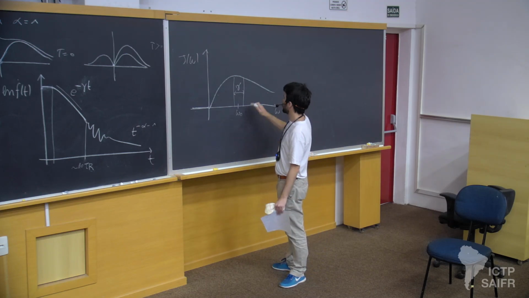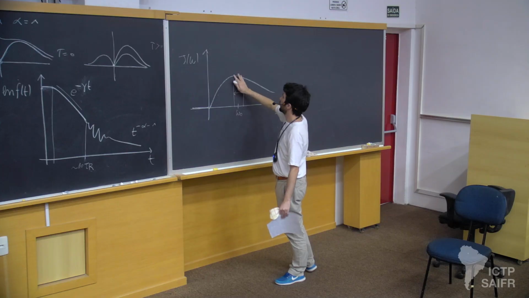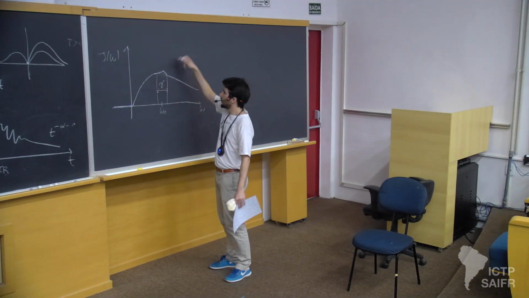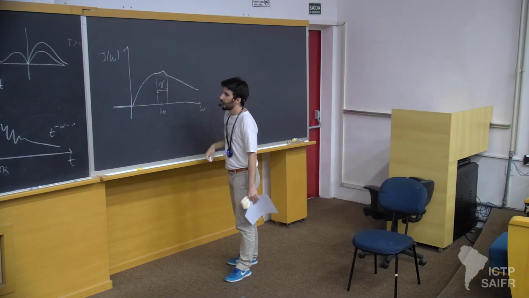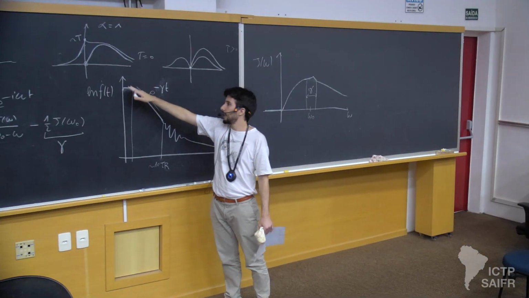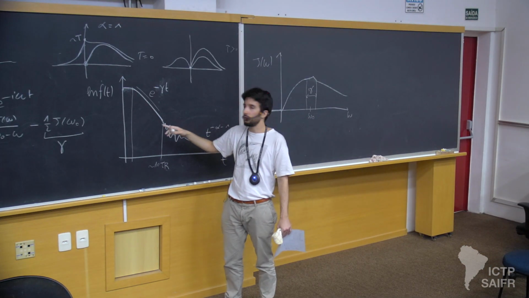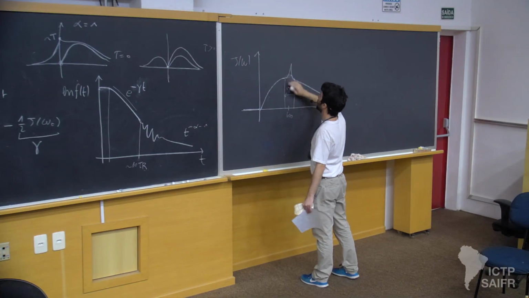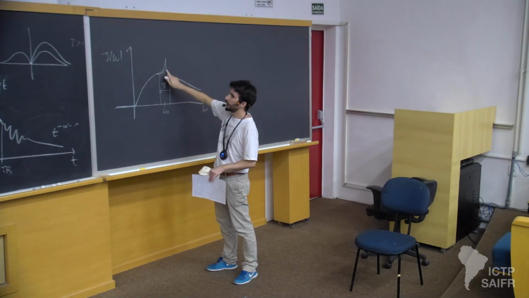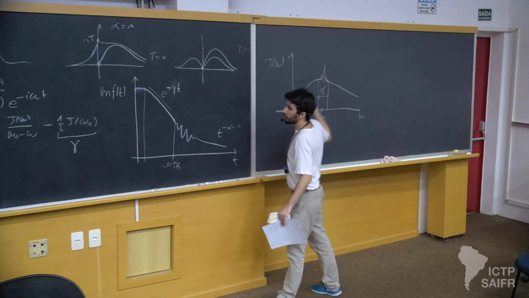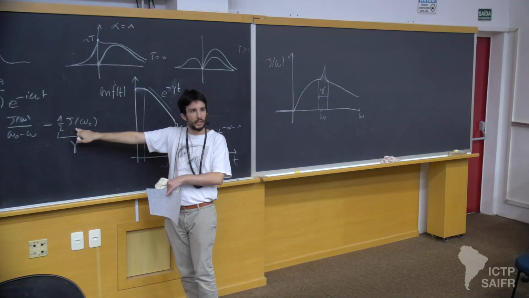For instance, if here you have a cusp, so the derivative changes abruptly, then you would essentially lose the Markovian behavior and start behaving as a power law as soon as you pass the transient. Or vice versa, if this has a very narrow peak, then the decay rate is going to be the width of the small peak rather than the height of the peak, which is this prediction.